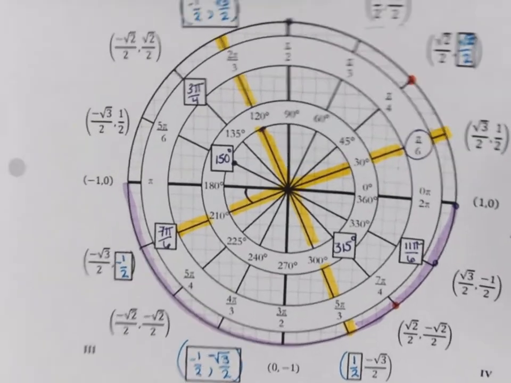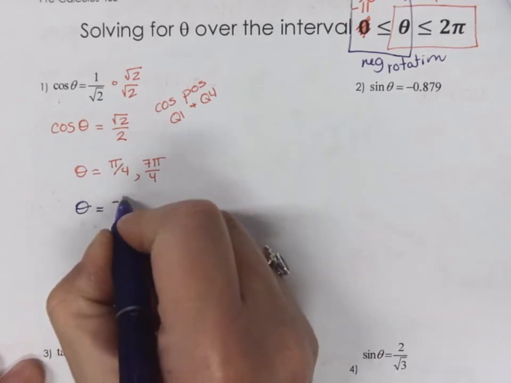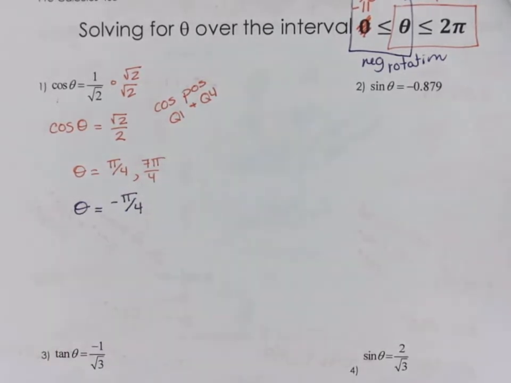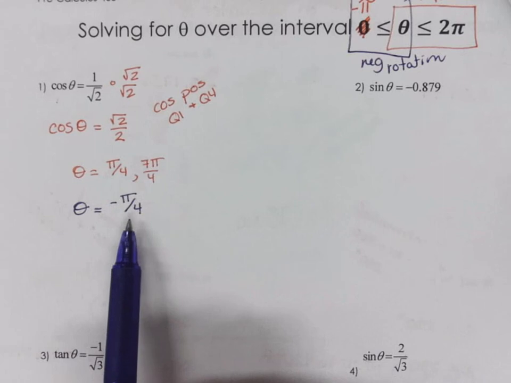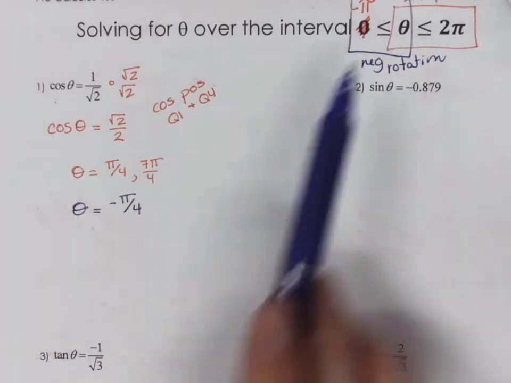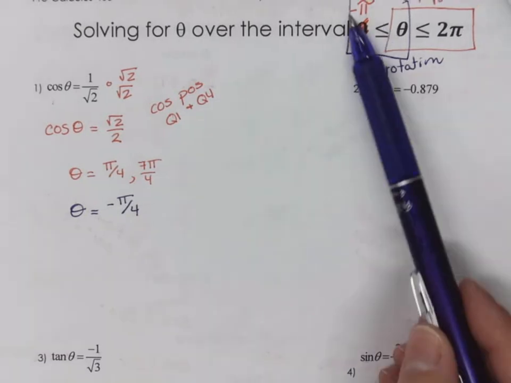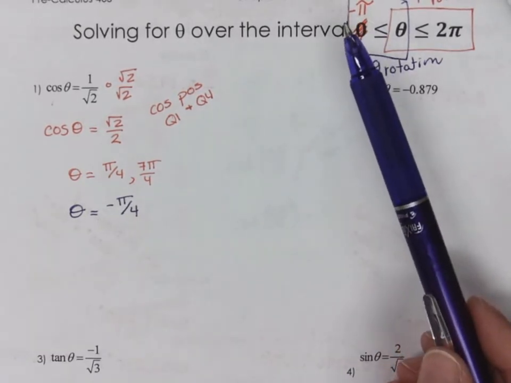So what's our answer in the negative? Theta is equal to negative pi over 4. So you have 3 answers in this one. You have 2 when we measure in the positive direction, and we have 1 when we go to the negative, because it's not a full rotation, it's negative pi, so it was only the bottom half of that circle.